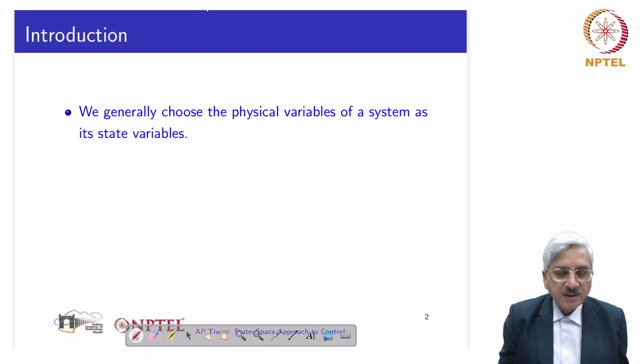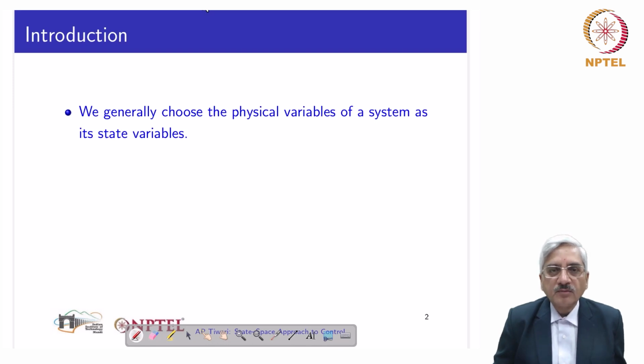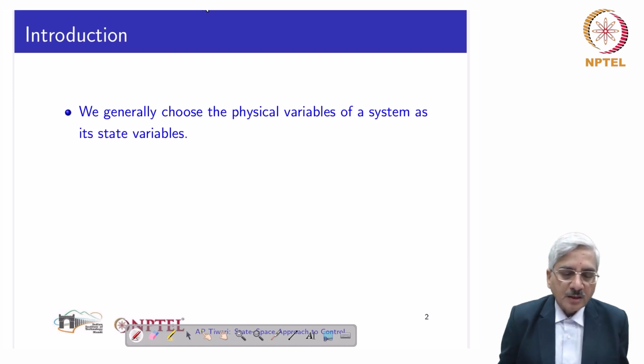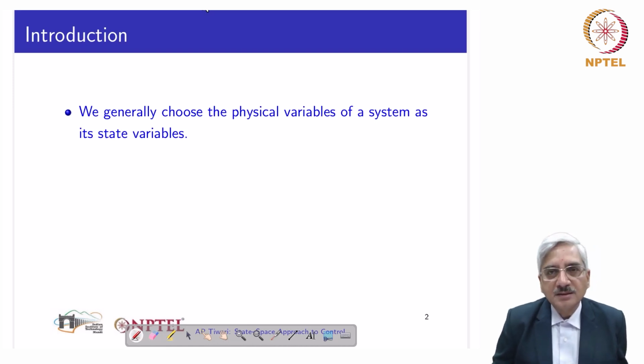Generally, when we do the mathematical modeling, we choose the physical variables of the system as its state variables. For example, when we were discussing the series electrical circuit consisting of R, L and C components, we chose the charge flow as the state. That's not necessary.